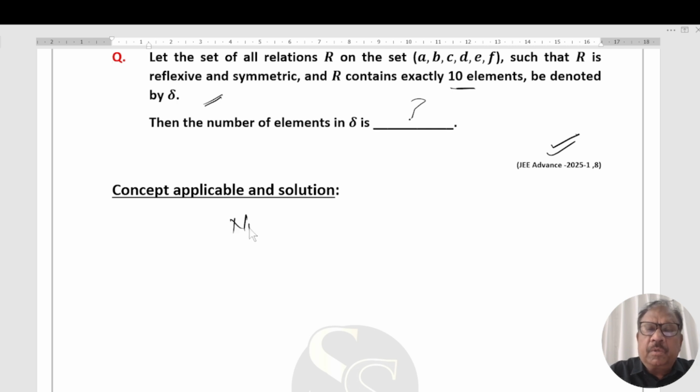Number of elements in the given set is 6.